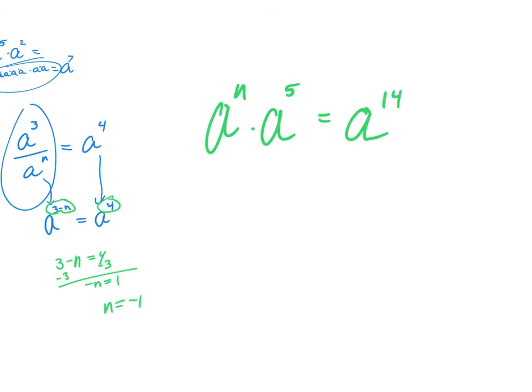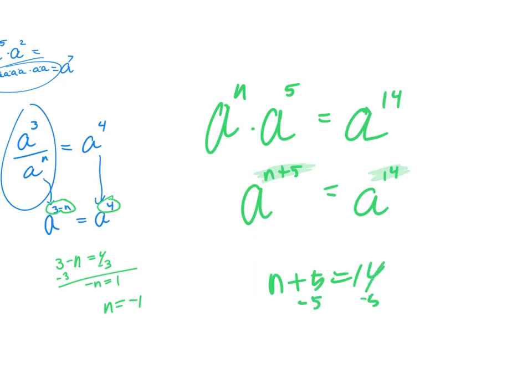All right, so on this one, we got to get it down to just one a, so the bases are the same, right? A to the n plus 5 is equal to a to the 14. Do you get that these guys are equal, and the a's just kind of drop out? We don't care about the a, we're solving for n. All right, so final answer. N equals 9. Raise your hand if you had n equals 9.